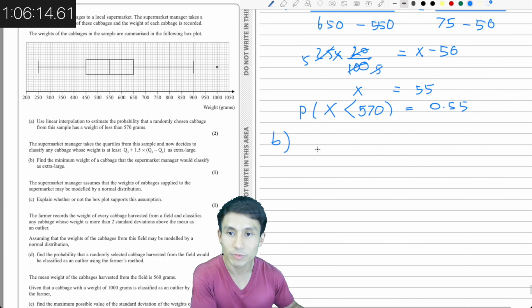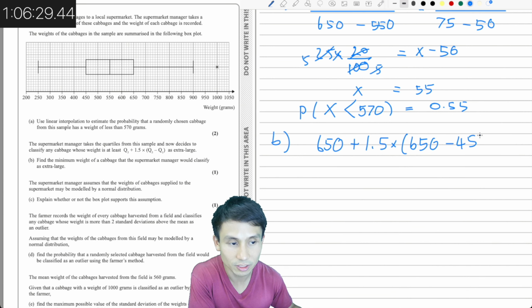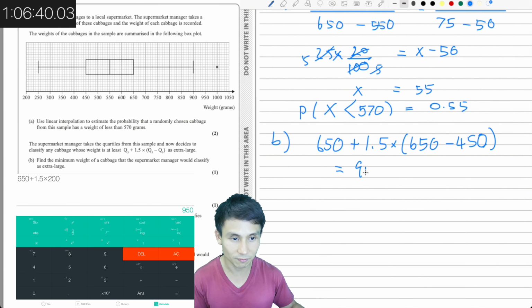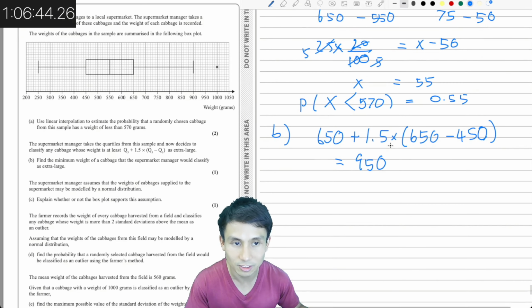So Q3, which is obviously on the box plot there, 650, plus 1.5 times Q3, which is 650 still, minus Q1, which is 450. This value equals 650 plus 1.5 times 200 in the brackets there. So that's 950.